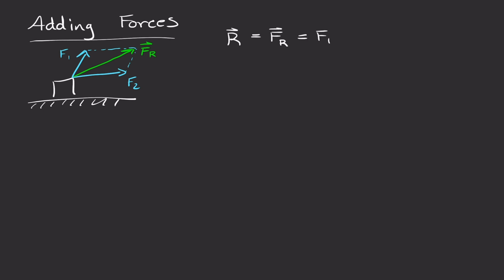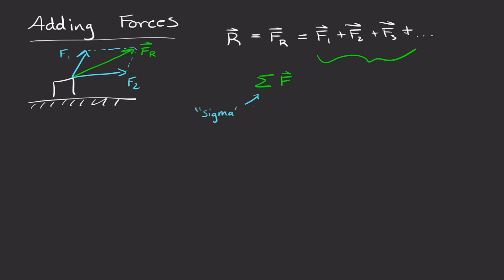This just means add up all of your force vectors, however many you have. Another way to write this that we'll see a lot is when you add a bunch of forces, we sometimes use the Greek letter sigma.